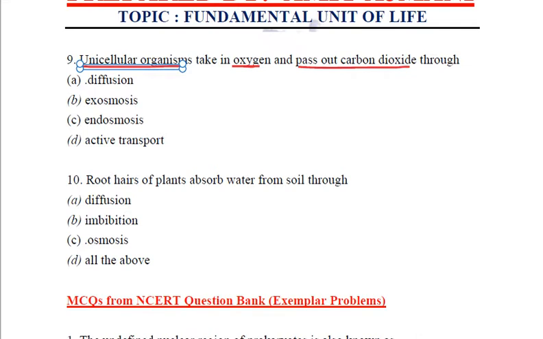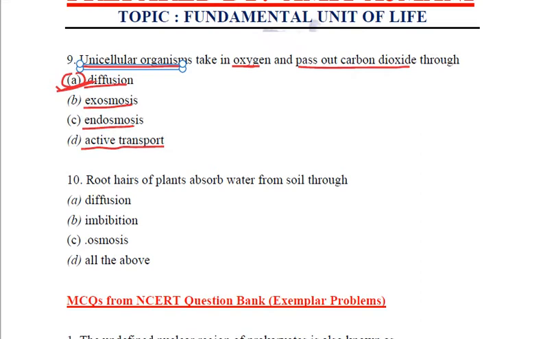The options given are diffusion, exosmosis, endosmosis, or active transport. And what exactly is our correct option? It is option number A, diffusion. It is the process of diffusion through which unicellular organisms like amoeba exchange the gases, they take in oxygen and pass out carbon dioxide.